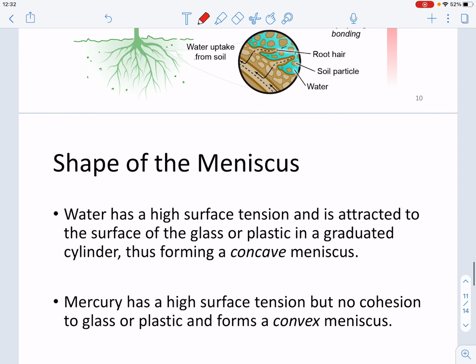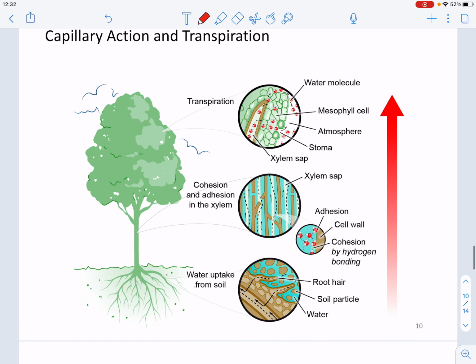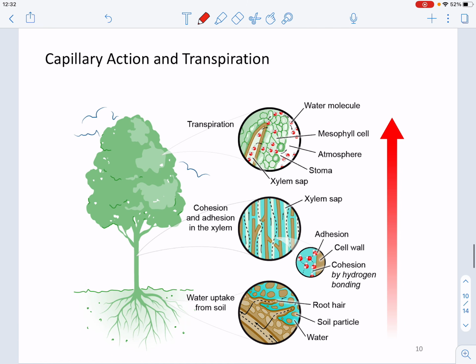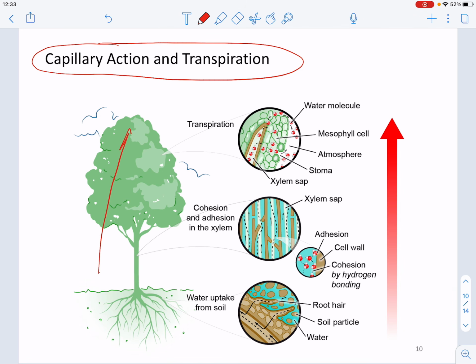Okay. So now, why is capillary action important? Well, if capillary action wasn't a property of liquids, there is no way that plants could do what they do. Okay, they absorb water through the roots. How is it possible that from the ground all the way up here, you can transport water?